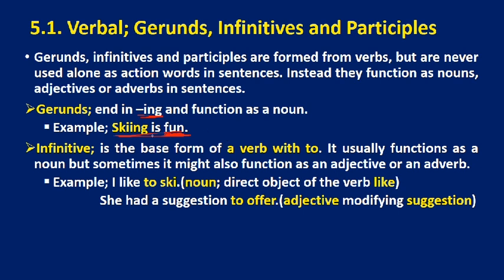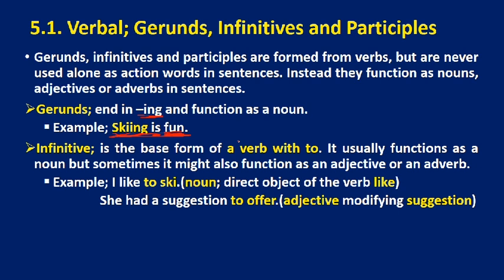So our main verb is "is", a verb to be. Who are they talking about? What is fun? Skiing. So this is not an action. Skiing functions as a noun, so it's a gerund.